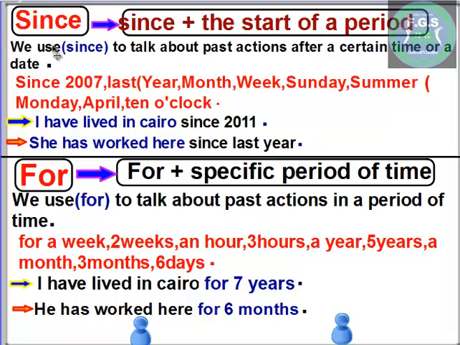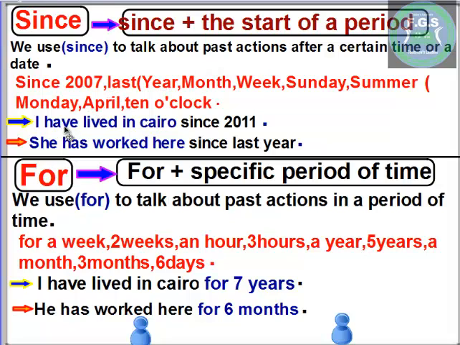I mean, we use since to talk about past actions after a certain time or a date. Since 2007, or last year, month, week, Sunday, summer, April, or 10 o'clock. So we use since to talk about past actions after a certain time or a date.